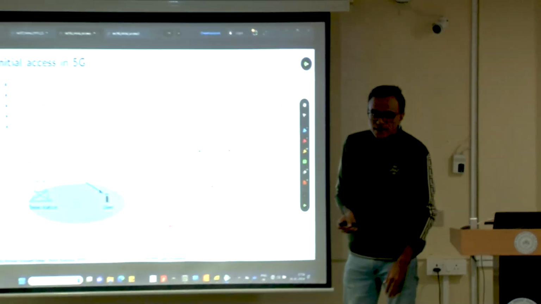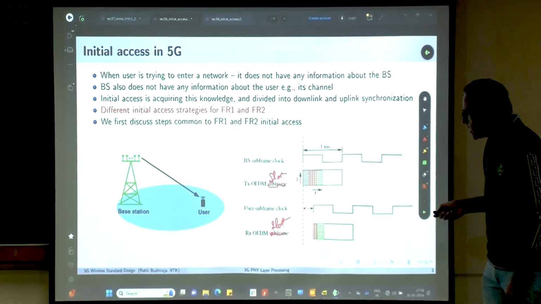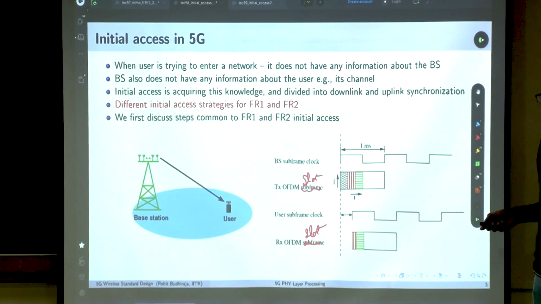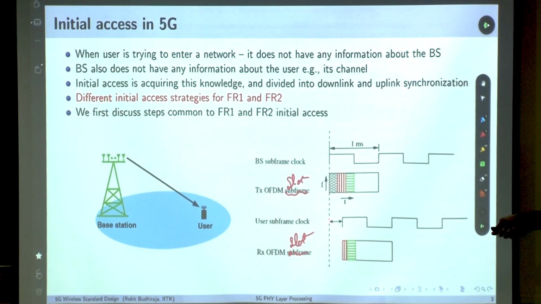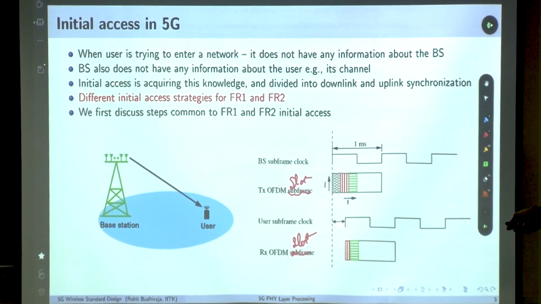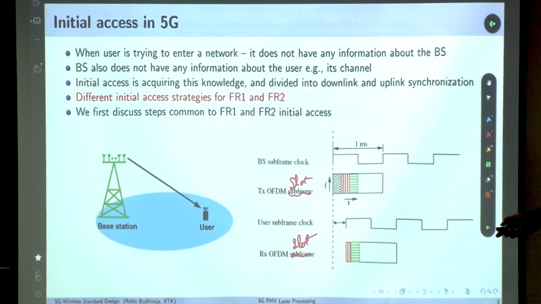So the user has to figure out the gap between its T0 and the base station's T0. If it knows this gap, it will be able to align its boundary to the base station's T equal to 0.